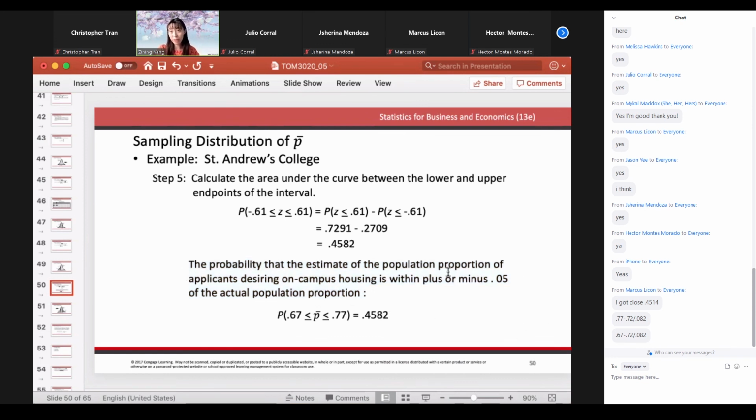If we connect this to what we're going to learn next week, this is really just our confidence level. If only 45% of the chance we are going to be right, then we're only 45% confident. Next week, we're going to talk about how to adjust the confidence level.